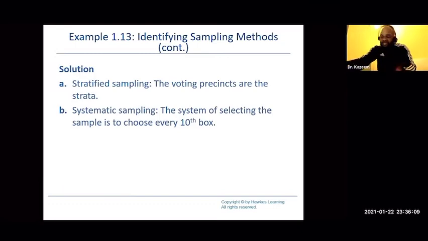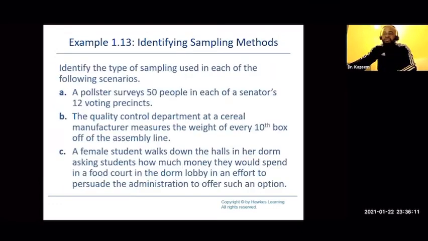Okay, that's systematic. Now we're going to go to C. A female student walks down the halls in a dorm, asking students how much money they would spend in a food court in the dorm lobby, in an effort to persuade the administration to offer such an option.